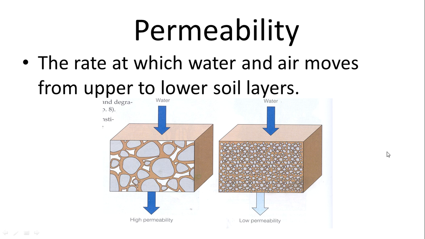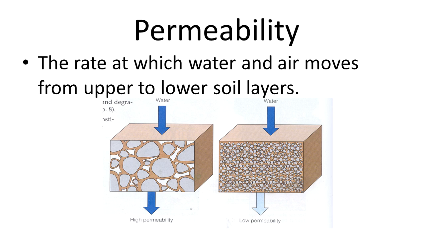So if I were to pour water on top of these larger particles, it would come through very, very fast. I'd say it has high permeability or a high infiltration rate. Whereas when you have very, very small particles, you have low permeability or low infiltration rate.